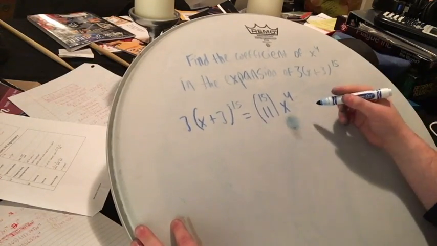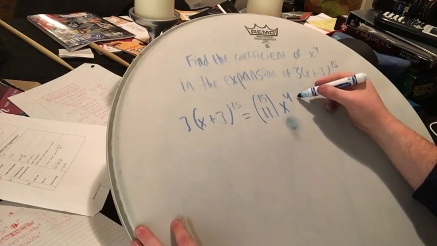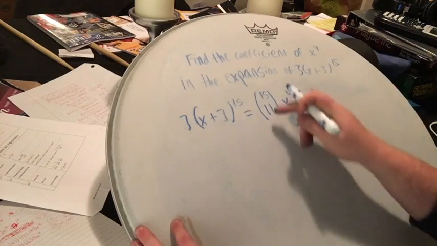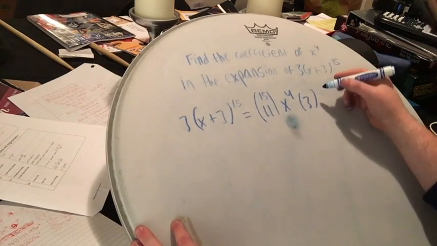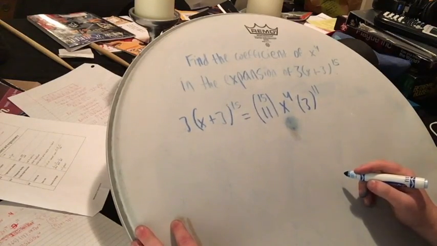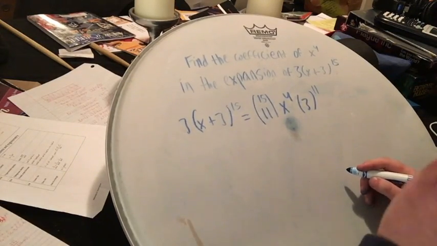We just have to calculate this all out. And then it's going to be 3, which is b, to the r power, which is 11. So there you go. And we're just going to calculate this out.